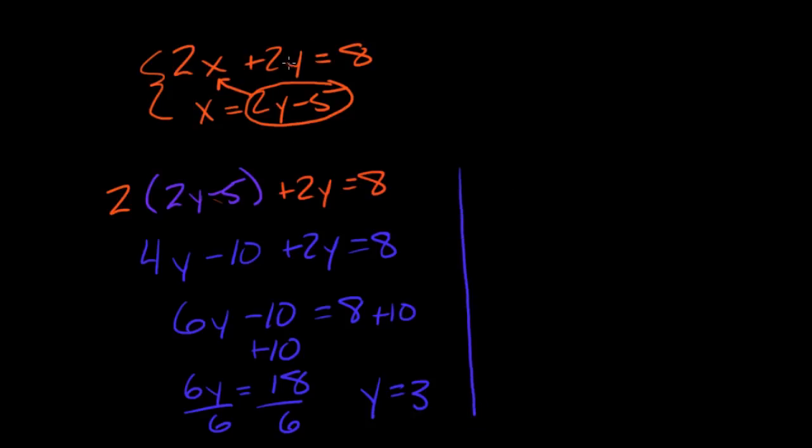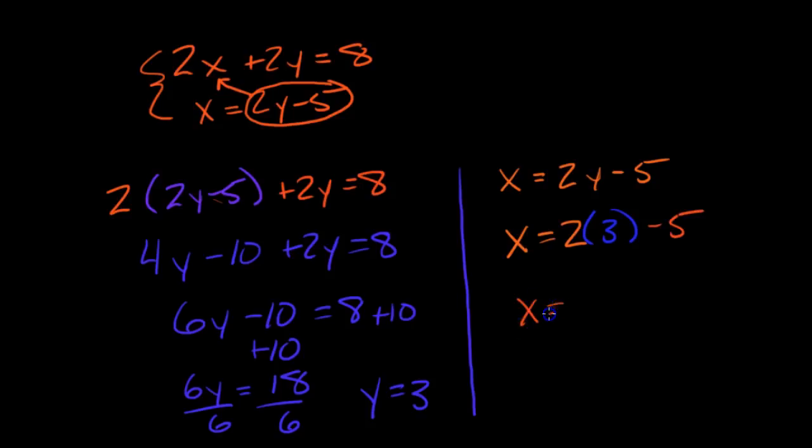So then I can take either one of these top two equations here, and I'm going to choose the bottom one. The reason why is that it already says x equals. So I'm going to use x equals 2y minus 5. And in place of the y, I'm going to put that 3, because that's what we know that y is equal to. So x is equal to 2 times 3 minus 5.